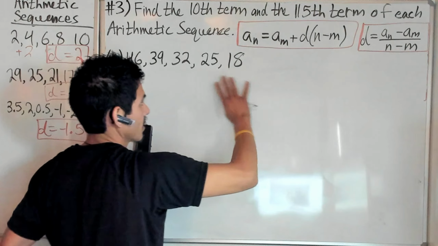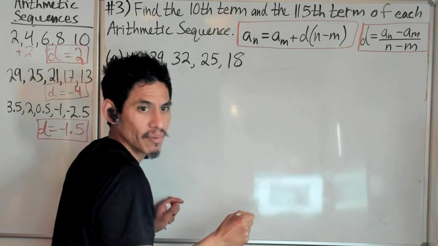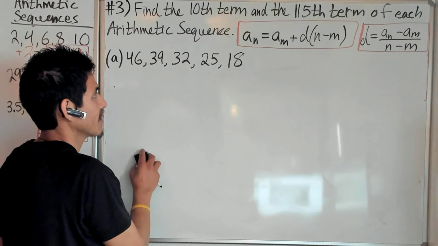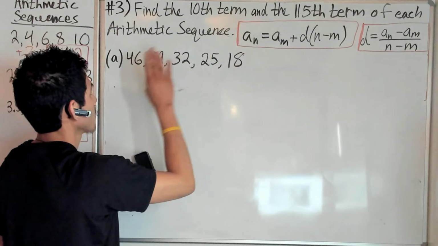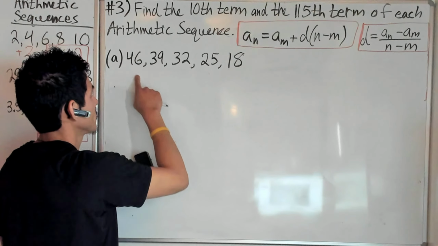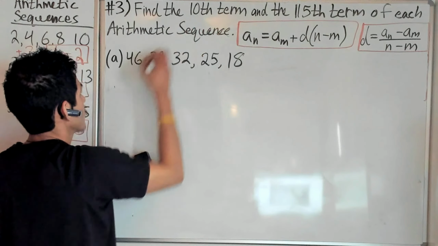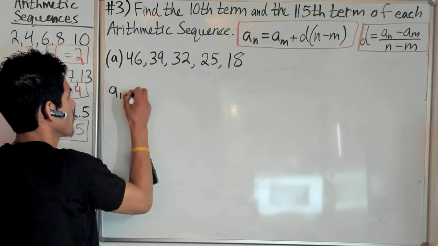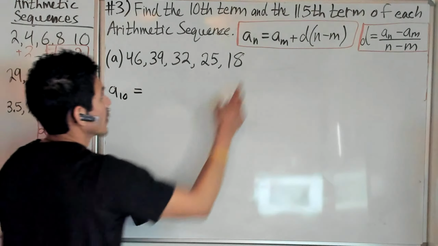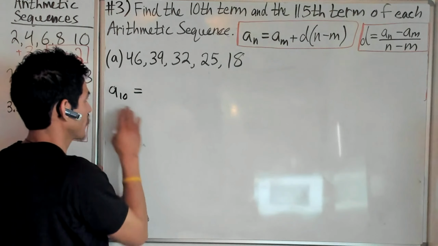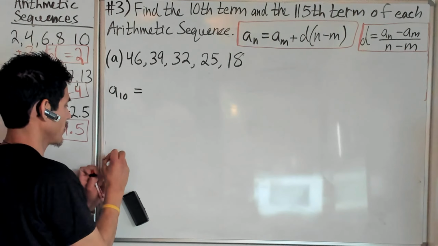But let's do an example, because hopefully I haven't confused you and lost you here yet. Let's look at this sequence. We want to find the 10th term, so we want to find A10. We also want to find A115, but first let's find A10.